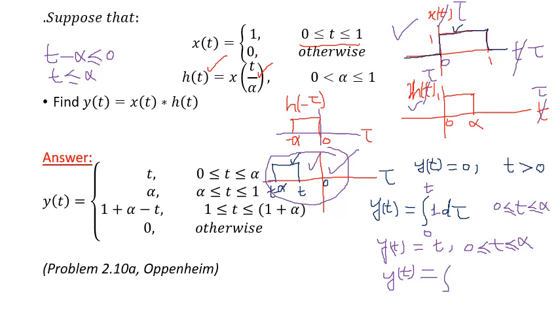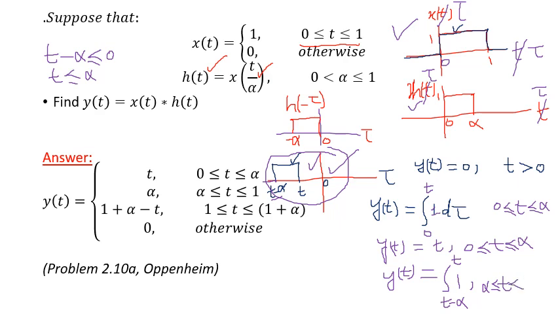So the lower limit for this will be t minus alpha, and the upper limit will be t. The product of the two will result in 1, and this representation is valid when t is equal to or greater than alpha.